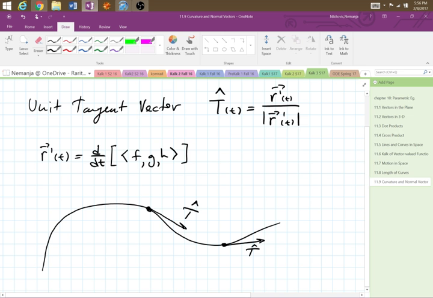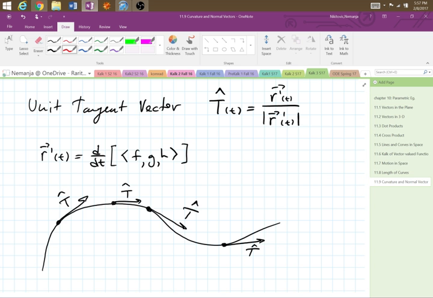Now obviously, as we are working with applications, right, they will have magnitude other than 1. So at each point, you will have this tangent vector at each point of the curve.